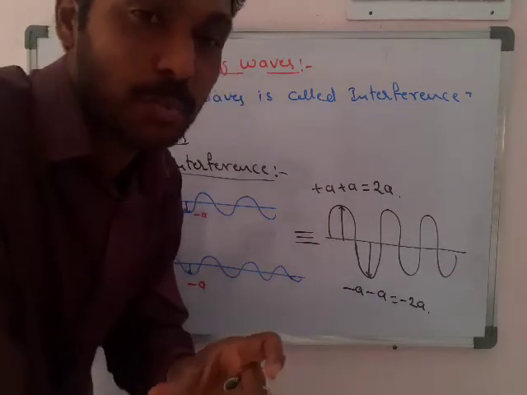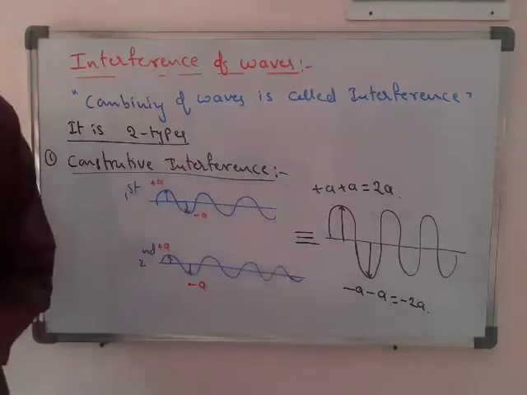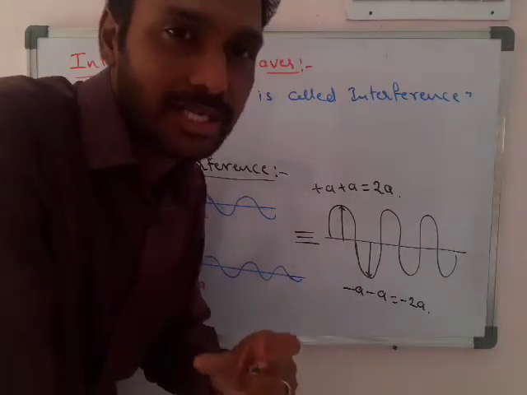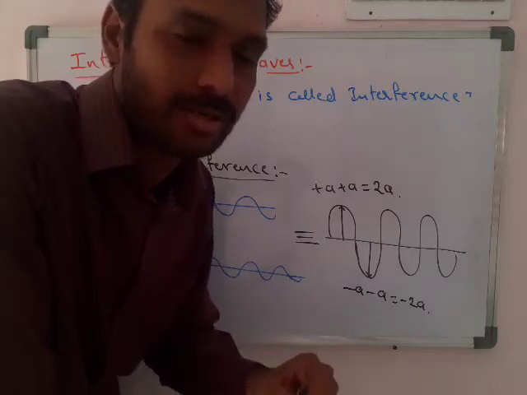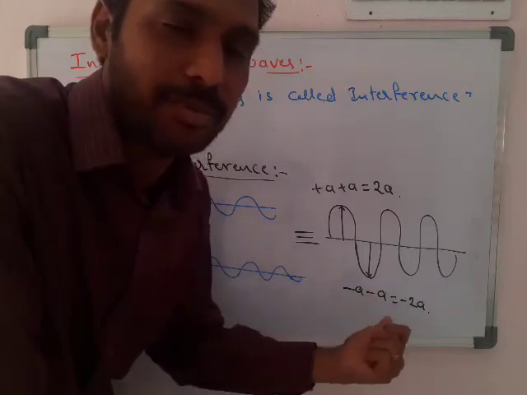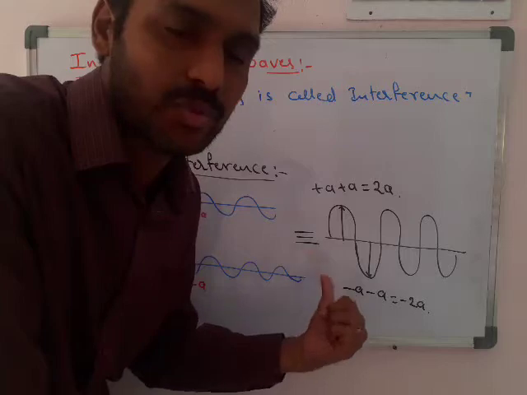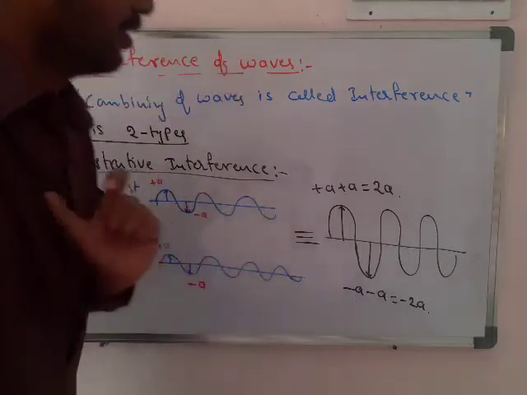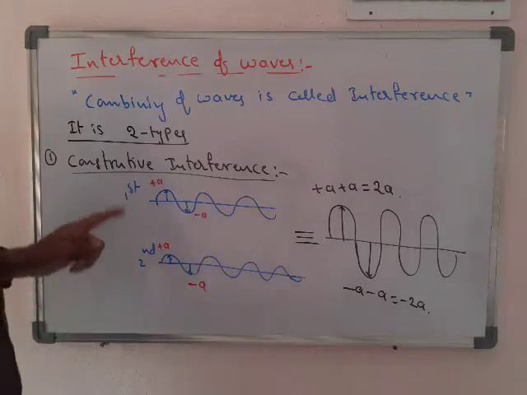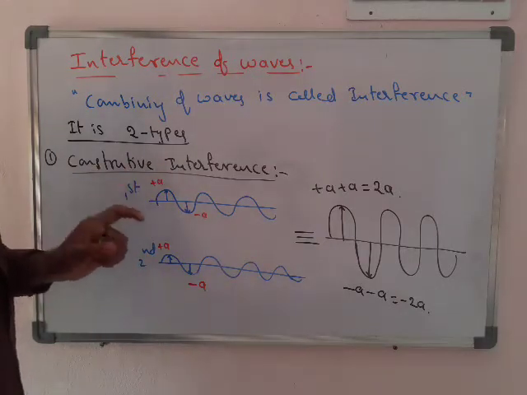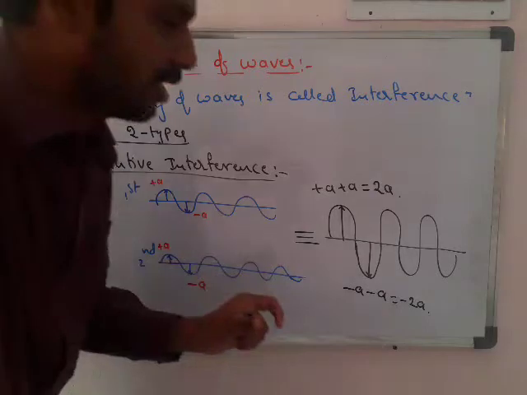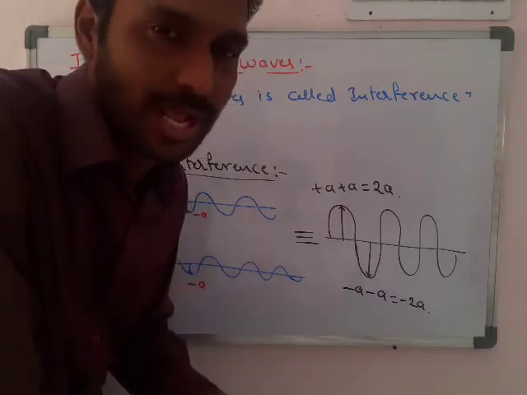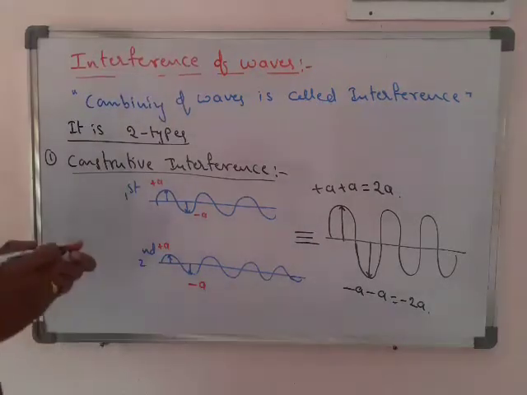This we call superimposing. Superimposed means exactly, perfectly combined: crest with crest, trough with trough, forming a big wave. This is called constructive interference, also known as superimposed interference.